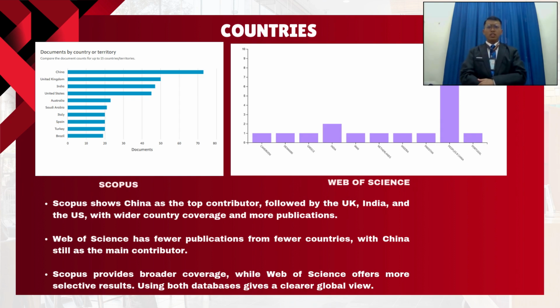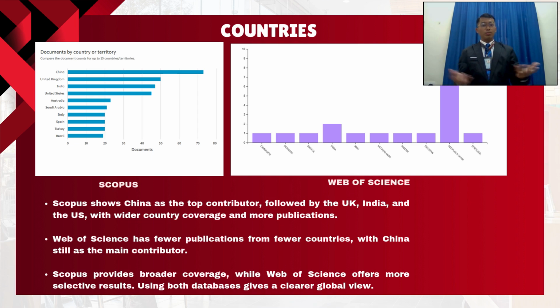In Web of Science, the number of publications is smaller and the coverage is more limited. China is still the main contributor, but fewer countries are represented compared to Scopus. This shows that Web of Science provides a more selective snapshot of research activity.